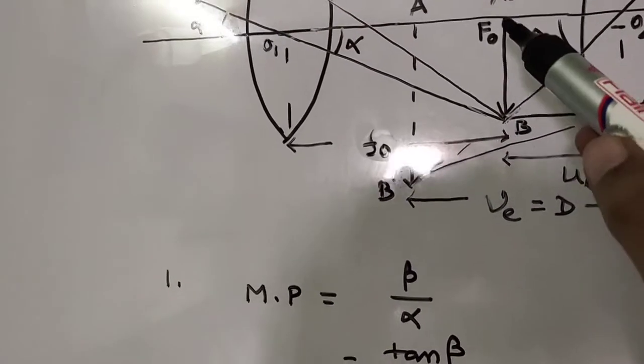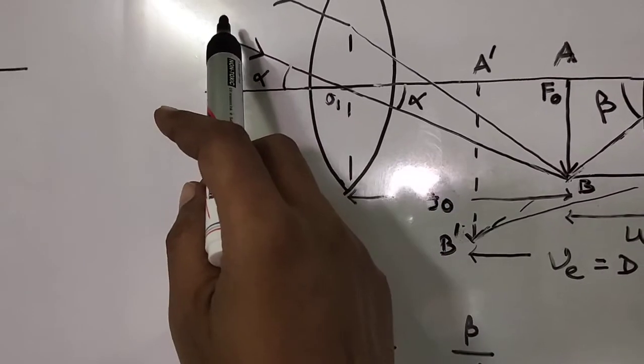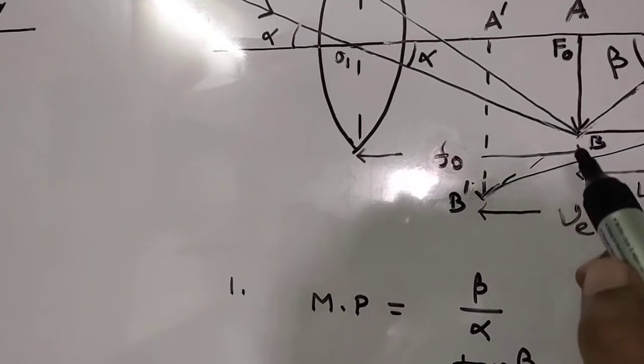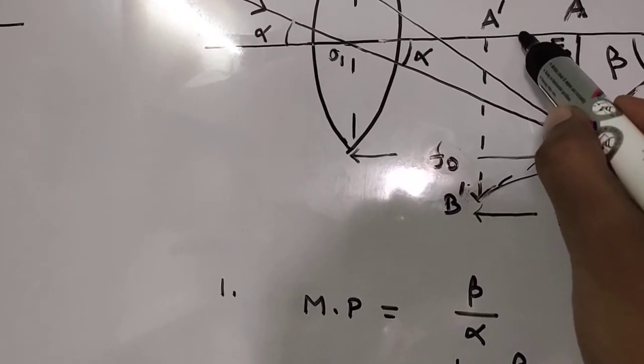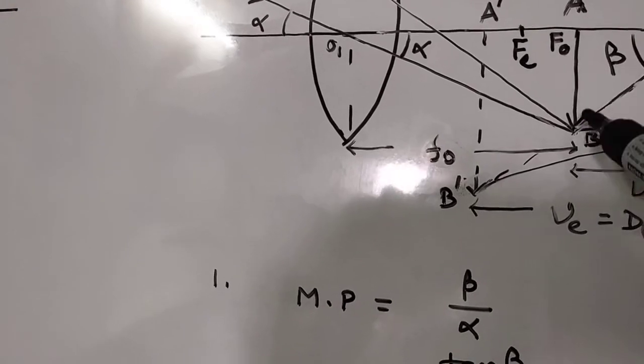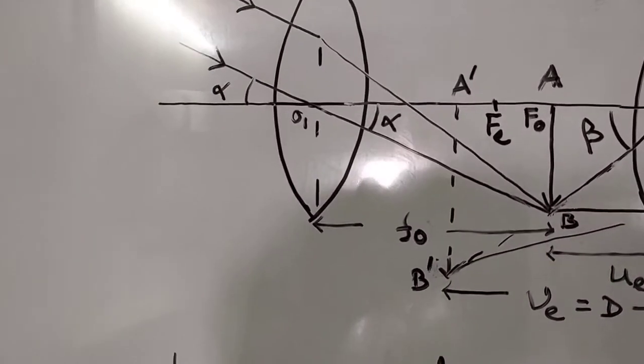See what is happening. As we have said, the object is at infinity, that's why the image is at the focus of the objective F naught O, and this is within the focus of the eyepiece, so you can consider this as FE. Because it is within the focus of the eyepiece, you get a magnified virtual image.